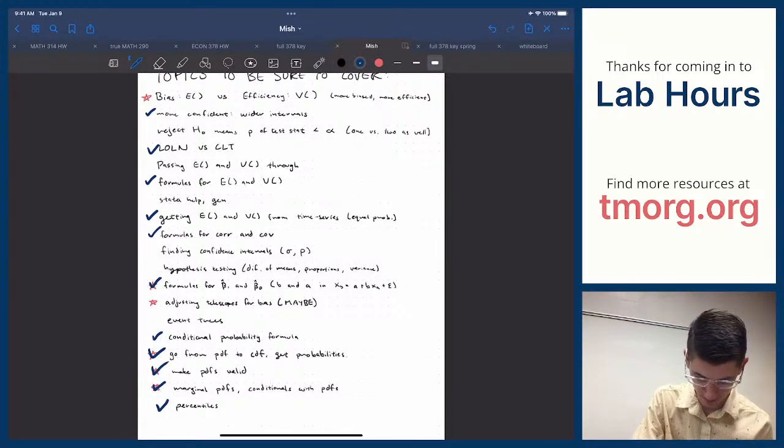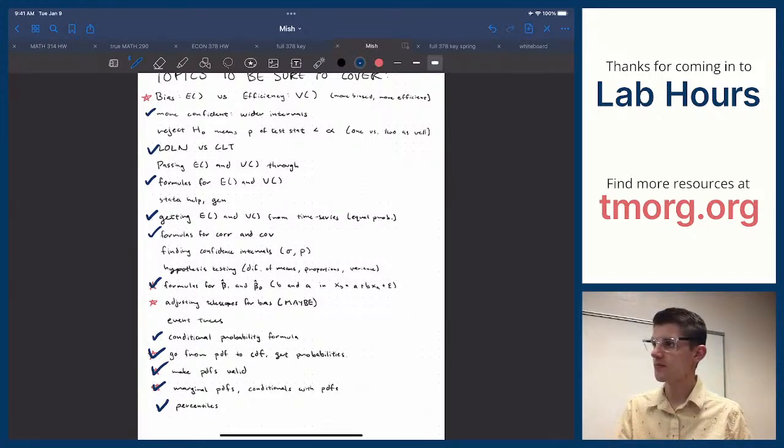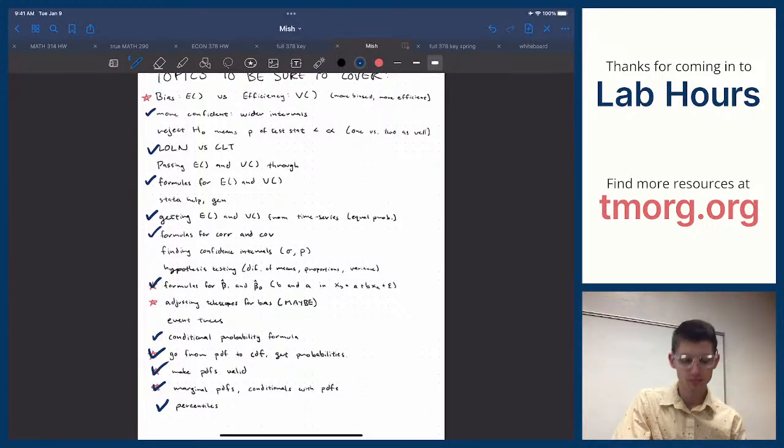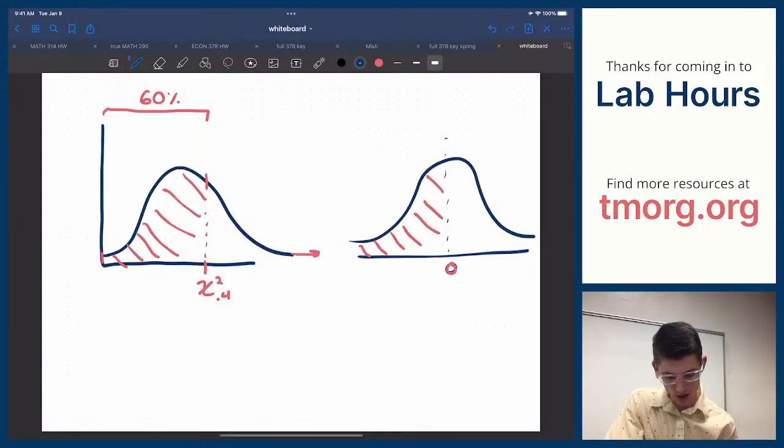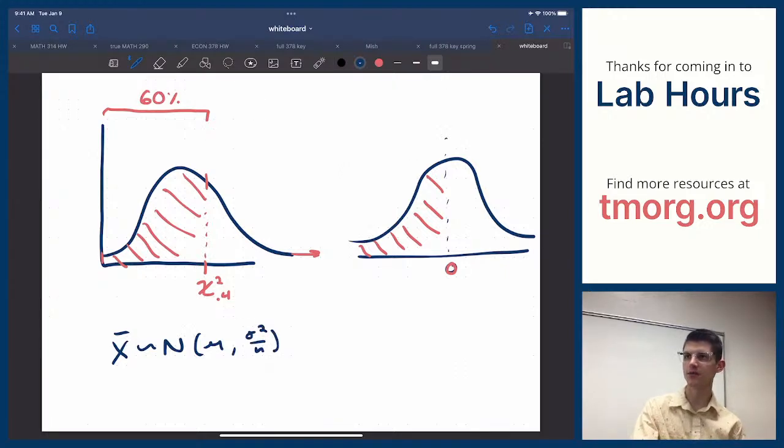Question. Yep. So as n goes to infinity and any sample of size n turns into a normal distribution, the mean of that normal distribution is not necessarily the true mean. Is that how they differ in definition? No, so we know that X bar is distributed as a normal random variable with mean mu and variance sigma squared over n, right? That's just something we've covered a couple of different times.